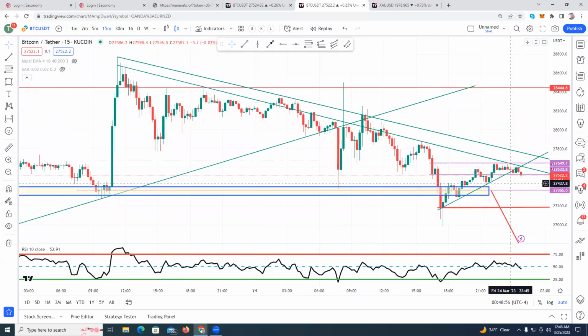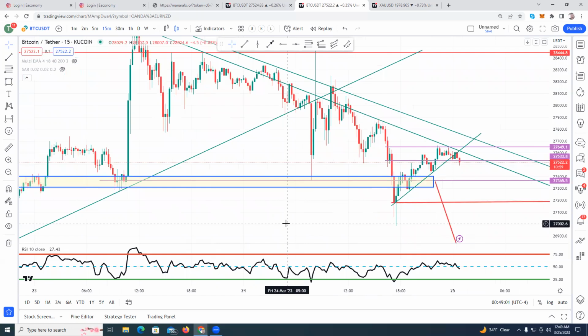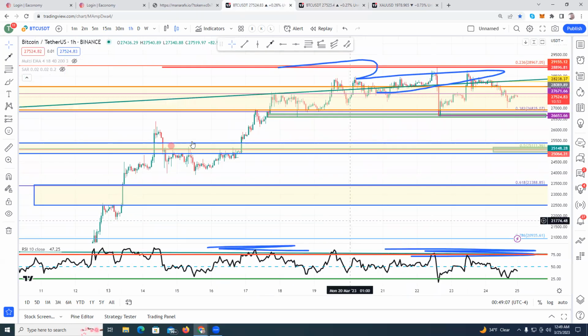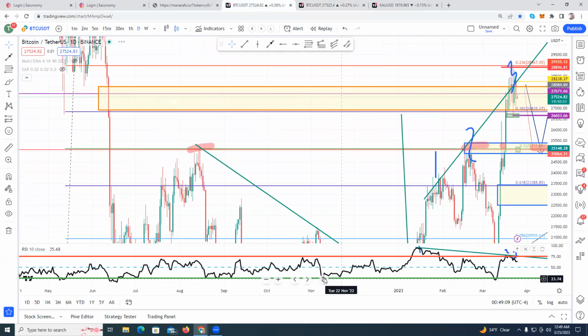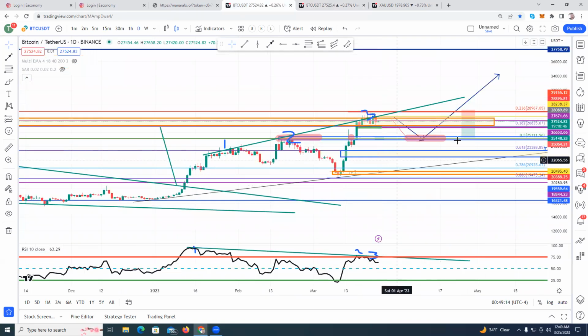So it's kind of what I'm looking at for Bitcoin. We have multiple confluences for short-term sell. Now, once it gets, let's check this out. Let me go back to the daily. Now, where could the sell go?